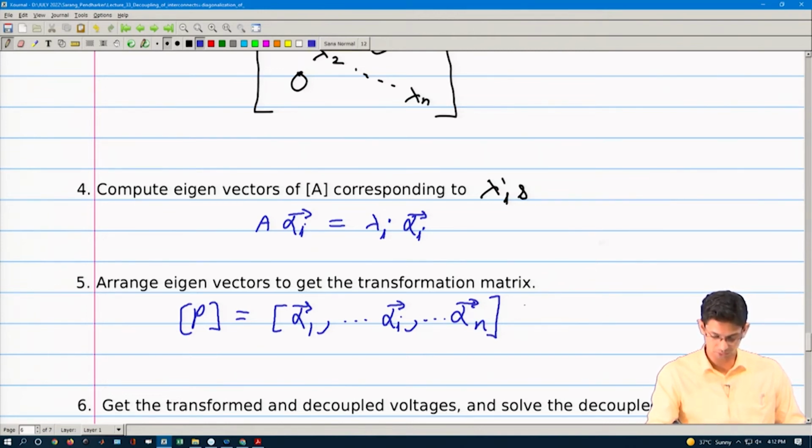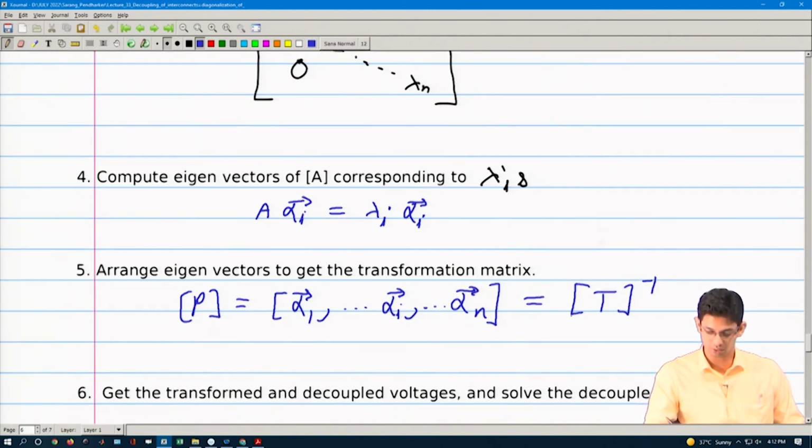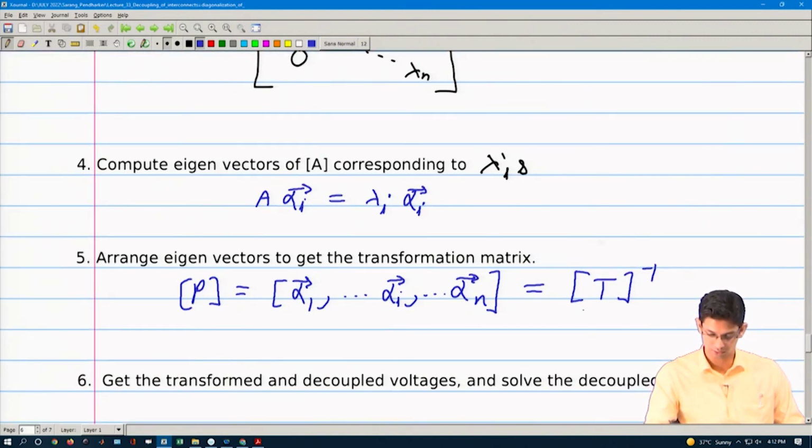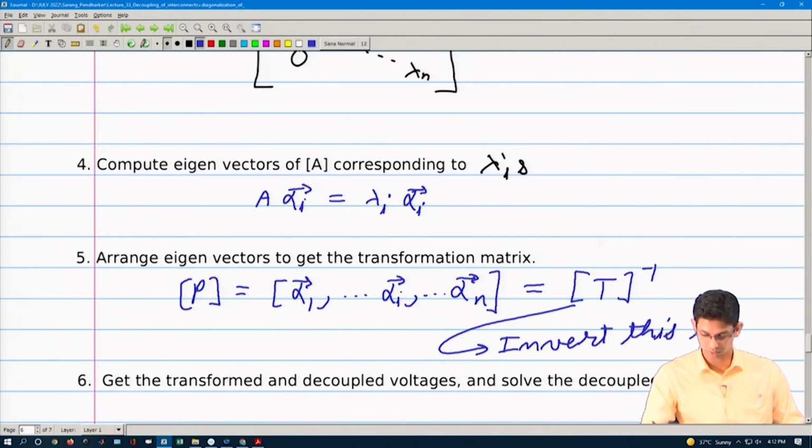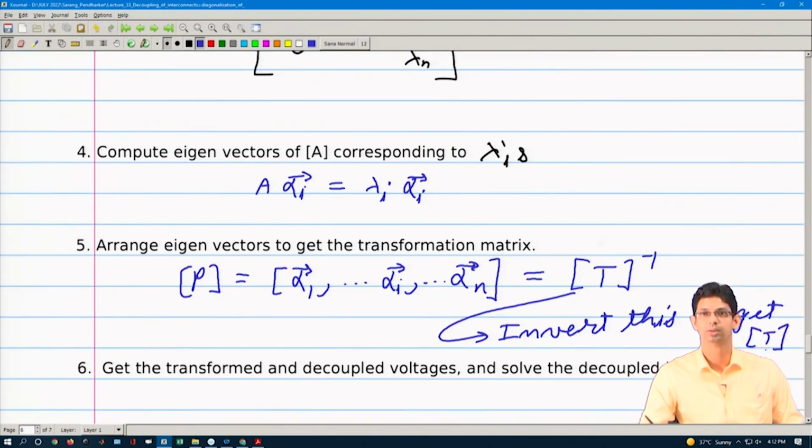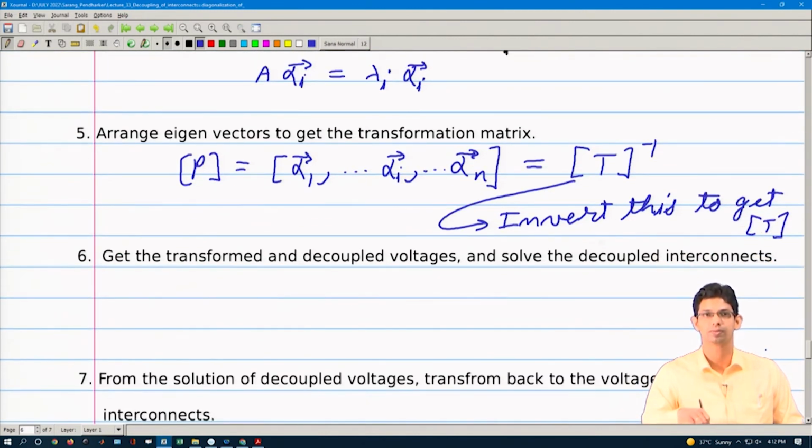and note that this P is actually T inverse. So, then you have to invert this to get T, right.